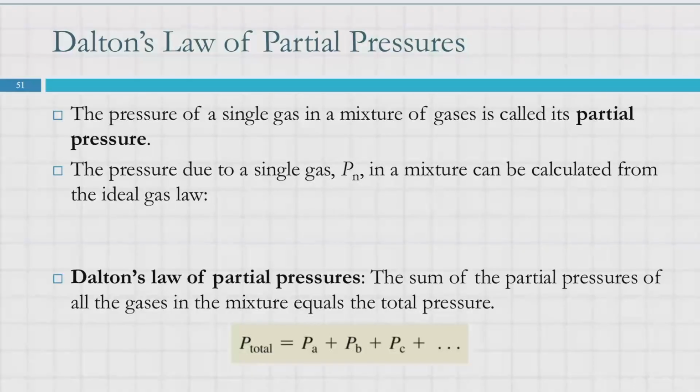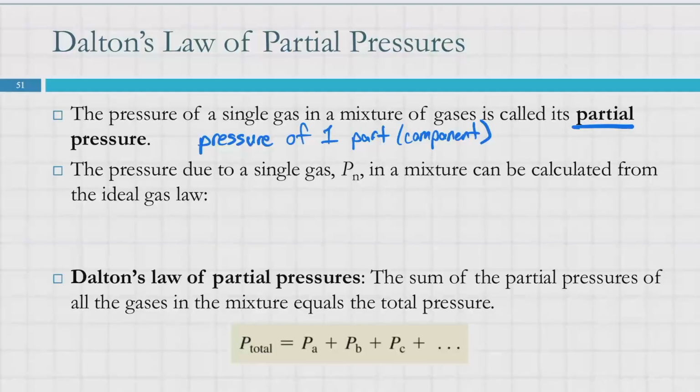The pressure of one gas in a mixture is the partial pressure, not the total pressure, the partial pressure. The pressure of one part, or one component, one piece, one of the chemicals.